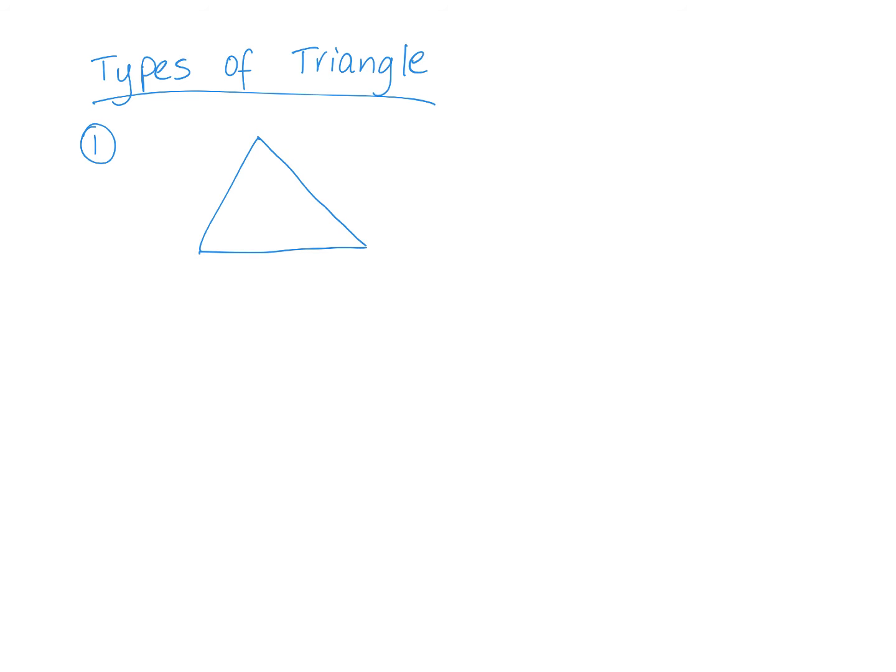Types of triangles. There are four that we will study. The first one is the equilateral triangle. It has equal sides, equal lengths. Each angle is 60 degrees.